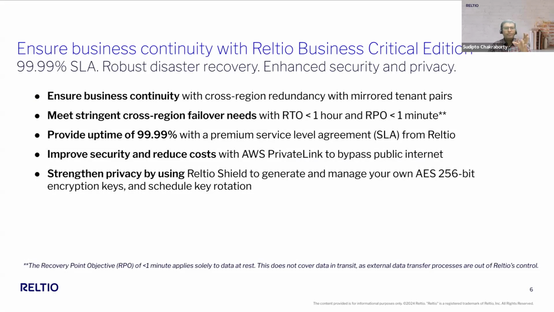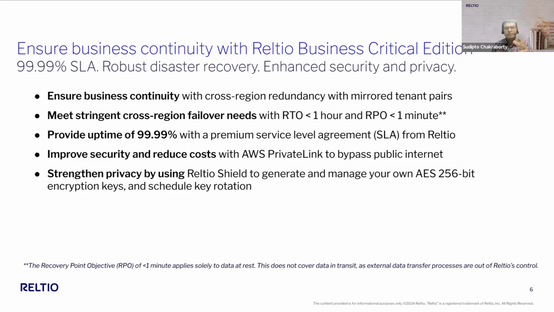So here we have the crux of what BC offers. Rail2 Business Critical Edition was built, right, on first principles to ensure business continuity even when the worst happens. Let me break down each promise that Rail2 is making on this slide. First is cross-region redundancy with mirror tenant pairs.